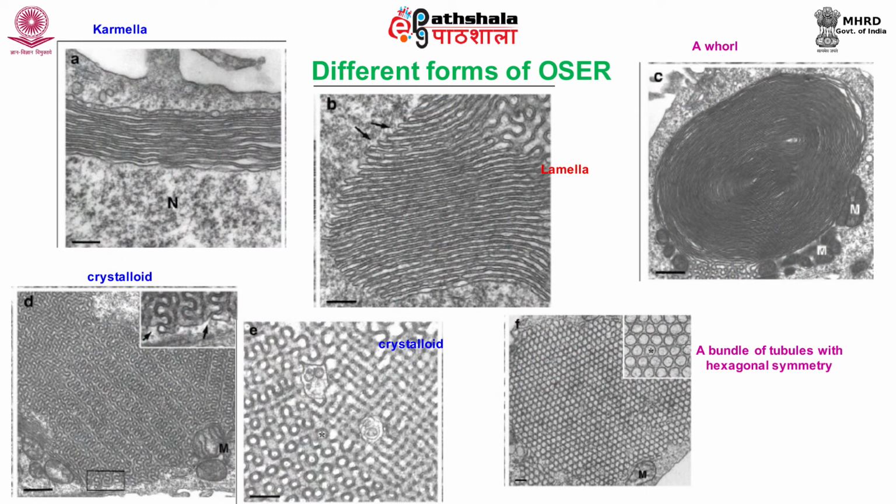Smooth endoplasmic reticulum is generated when the ER surface area required to accommodate resident membrane proteins exceeds that needed for ER associated protein synthesis. In some tissues, smooth ER separates from rough ER and assumes distinct organization.